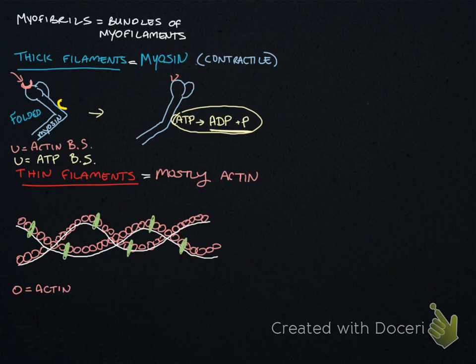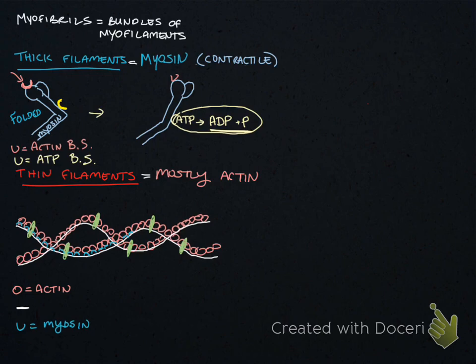So you see this white line I have, and then we also need to draw some binding sites on the actin. So on every single one of these actin filaments, on these actin proteins, is a binding site for myosin.